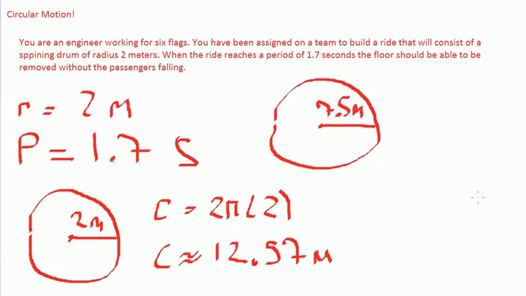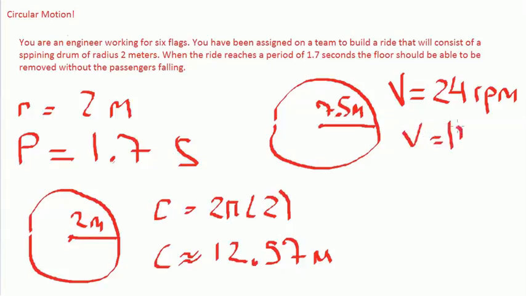7.5 meters. And its velocity is going to be 24 rotations per minute. If you convert that to meters per second, that's going to equal 18.8 meters per second.